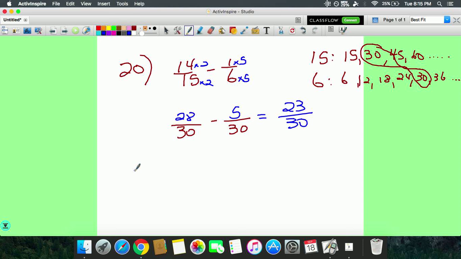Let's do 24. 24 is 12 over 16 plus 5 over 8. I don't know why I chose this number, but let's do that one.